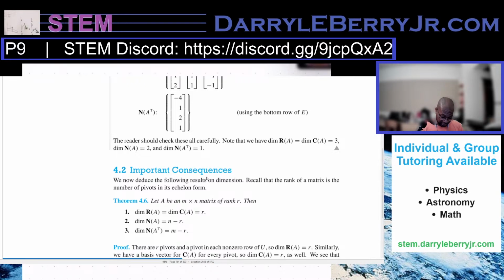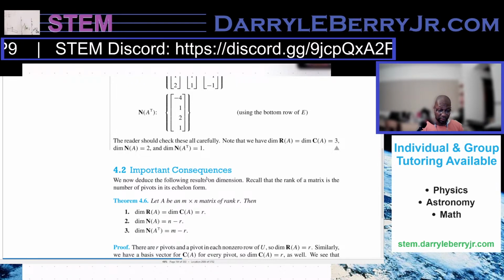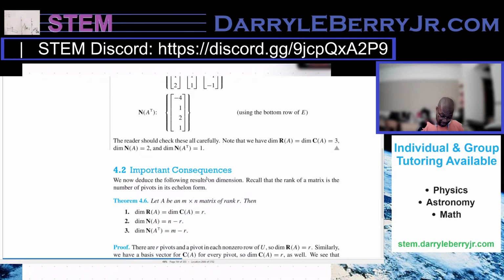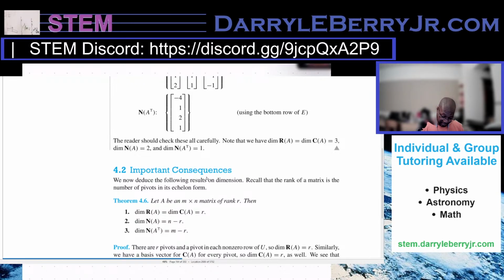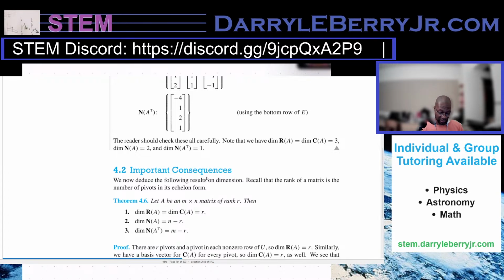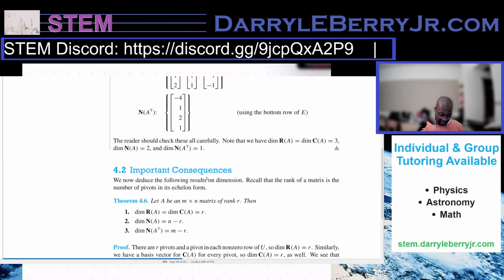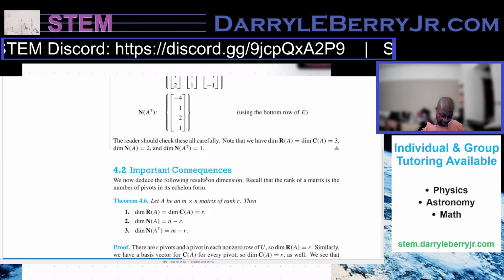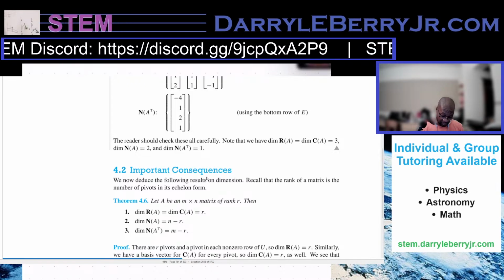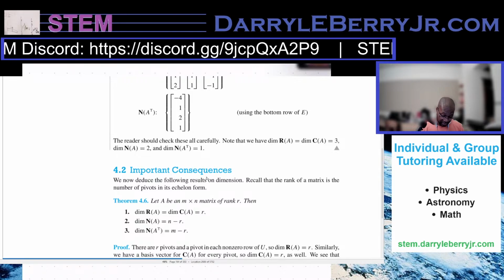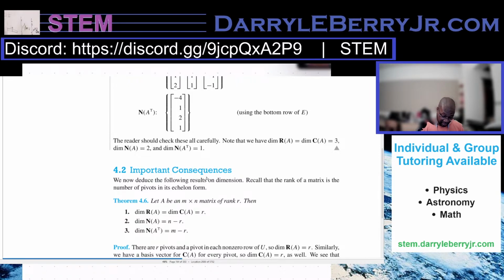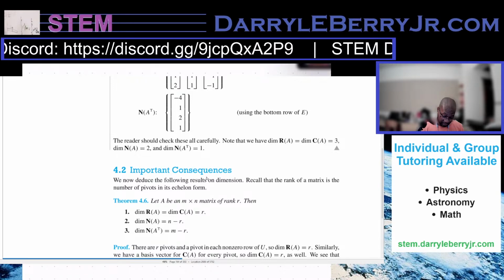So 4 minus 2 equals 2 equals n minus R, and that equals the dimension of the null space. And m minus R equals the dimension of the left null space. So m is 3 rows, minus 2 equals 1, equals m minus R equals the dimension of the left null space.